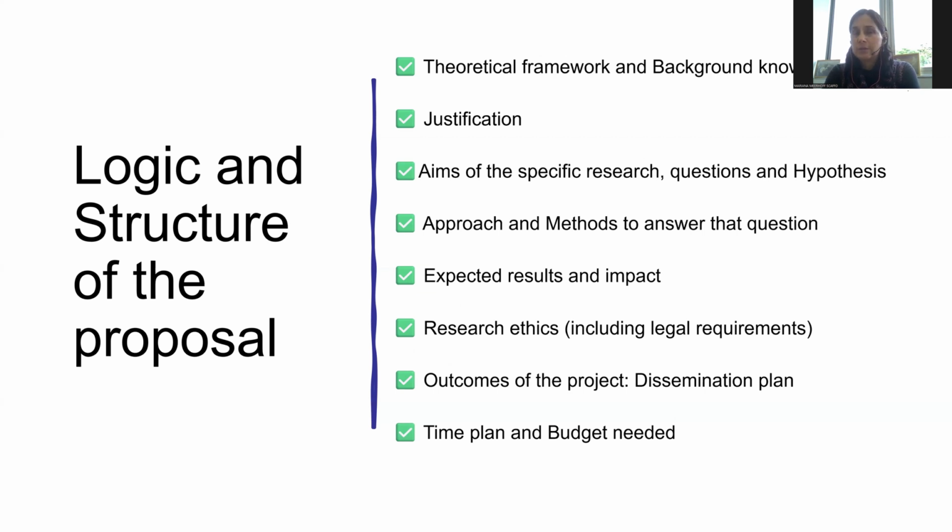Another section often asks for the expected results and the impact of your research, and the research ethics involved, including legal requirements that change from place to place and country to country. Another section could ask about the outcomes of the project, so how you plan to disseminate your results, the timeline, and the budget. So these are the most typical sections that will be asked, and it's good that you make sure that all this is answered. So we'll go through a few of them.